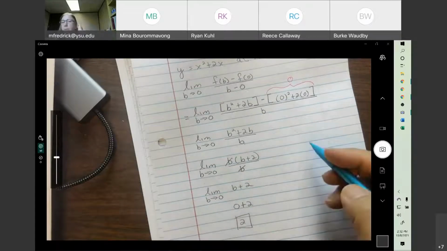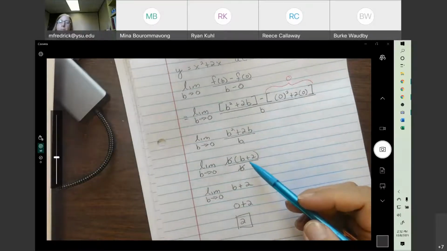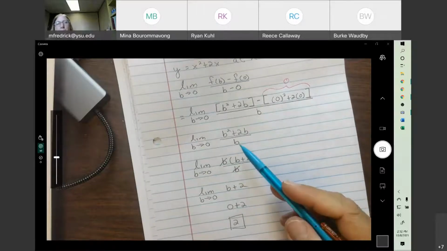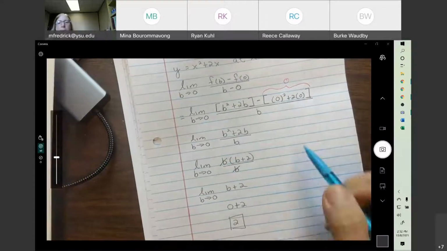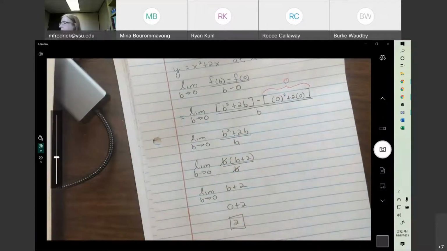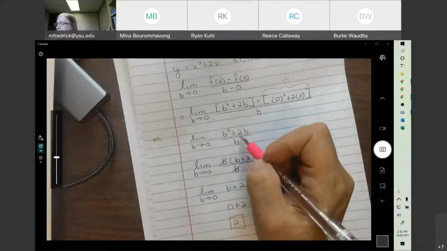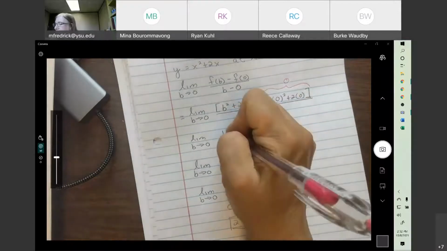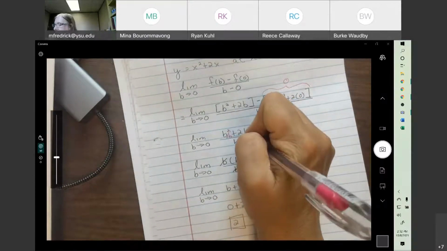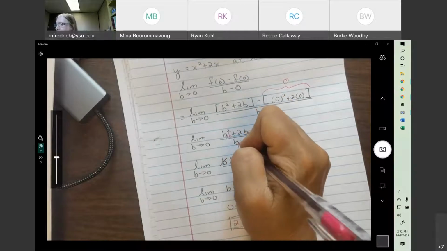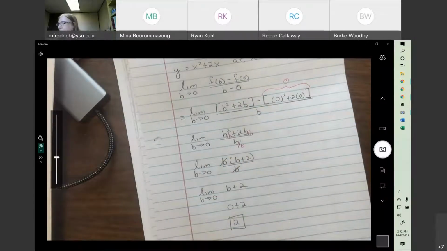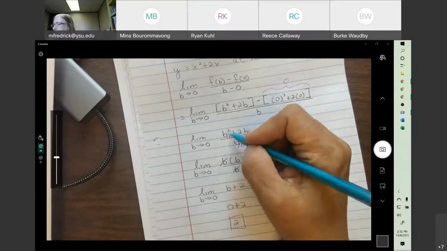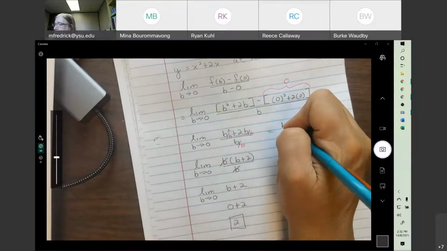Now I'll show you another way of simplifying this part. But any questions? The other way we could do that is we have 3 terms with a b in it. We can divide each of them by b. You have to do it to all 3 terms. b squared divided by b is b.